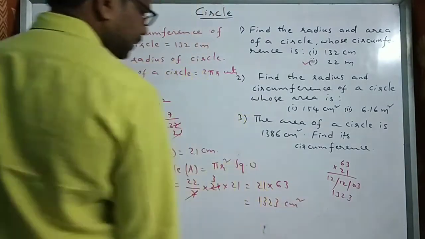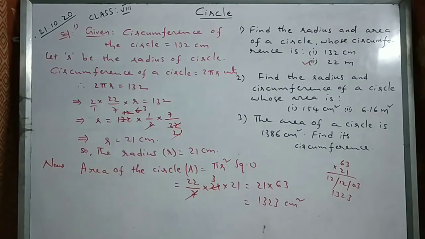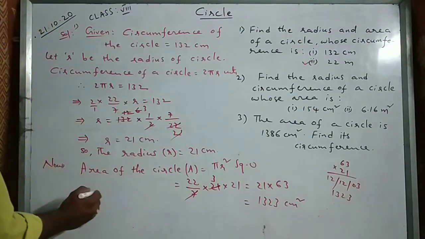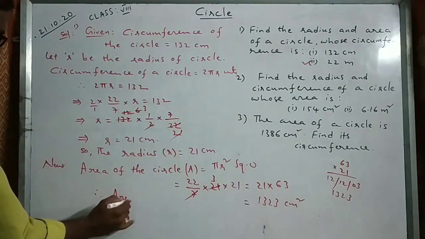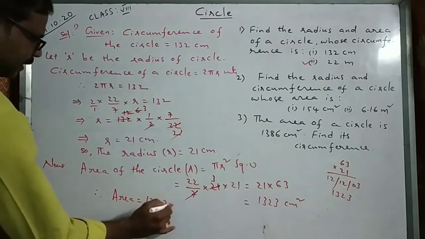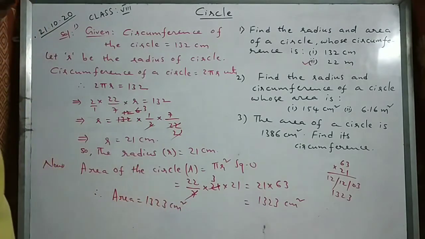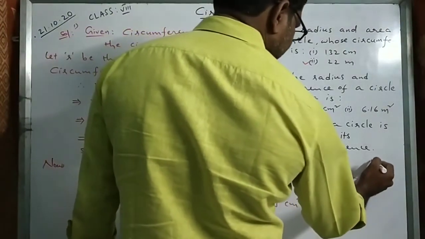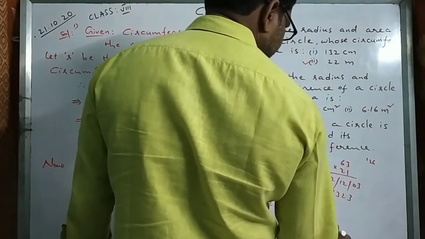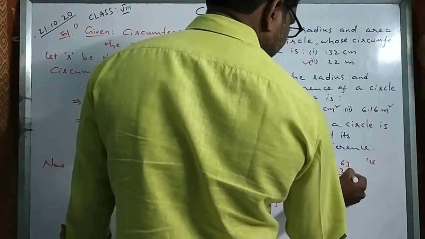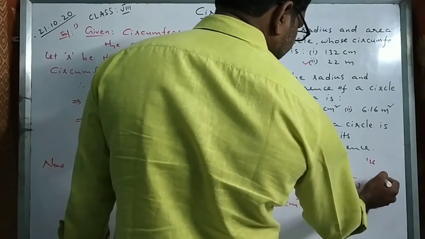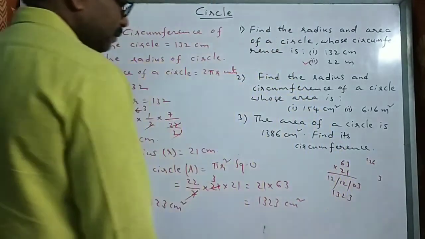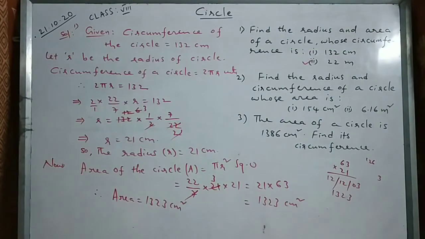Square centimeters. Okay? So therefore, what is the area? 1323 square centimeters. Okay, that is the final answer.